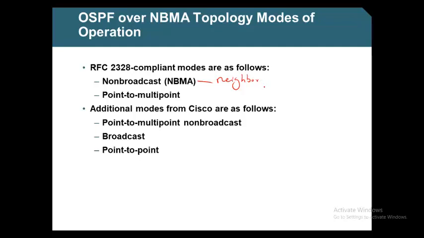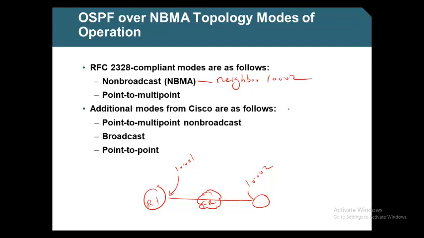If you have this frame relay and the IP address here is 10.0.0.1, 10.0.0.2. Now you have to go to router 1 OSPF and say, I got a neighbor 10.0.0.2.